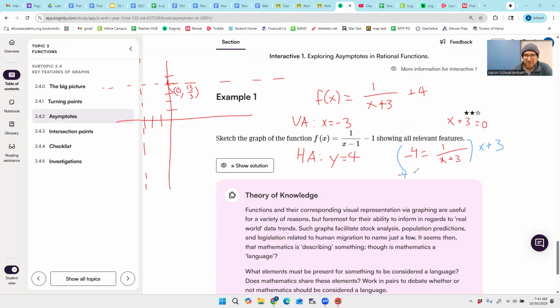So it gives me negative 4x minus 12 equals 1. Negative 4x equals, I add 12, 13. X equals negative 13/4. So that's negative 3 1/4.